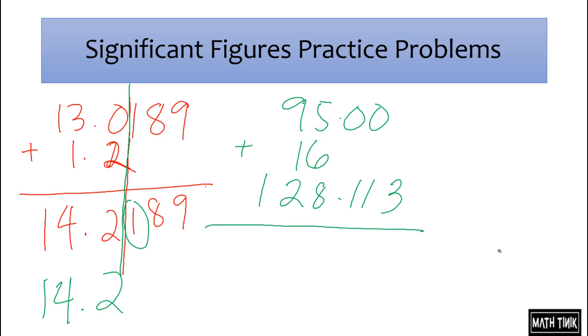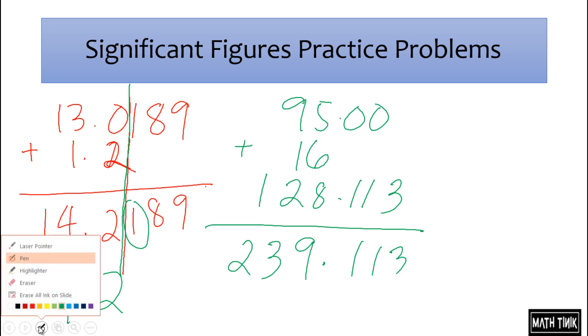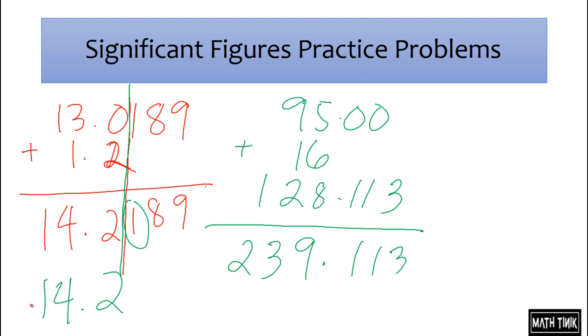Our calculator will give us this answer. Okay, so we just look for the number with the fewest significant figures among the numbers we used. We have here 1 and 6.